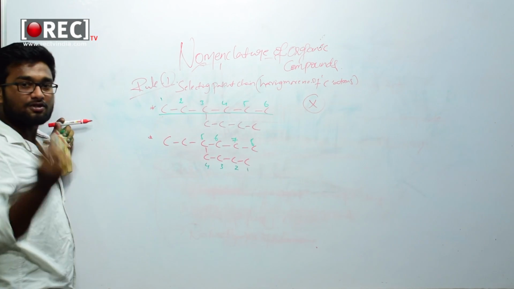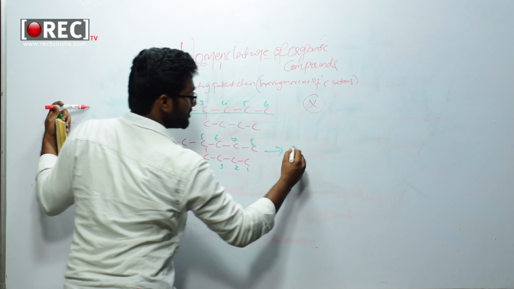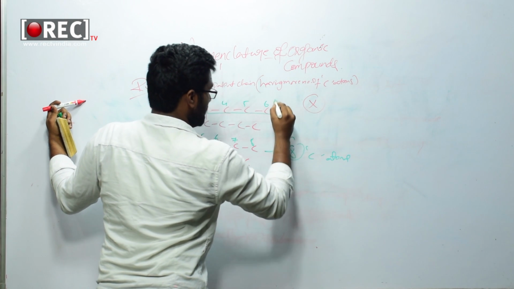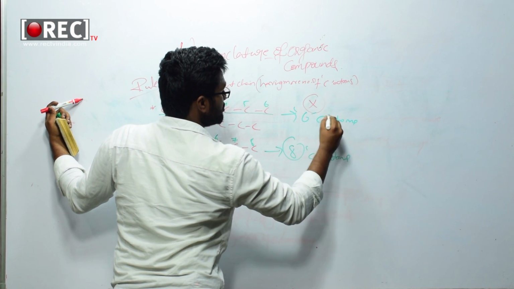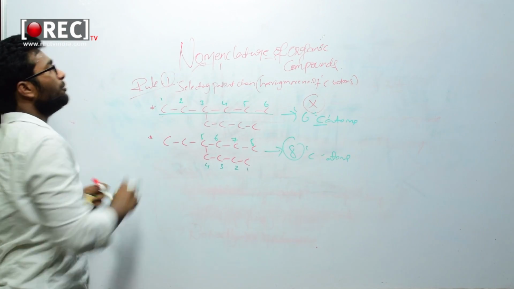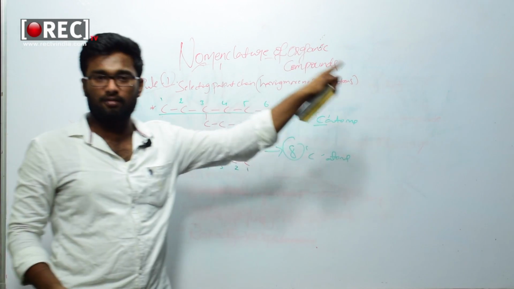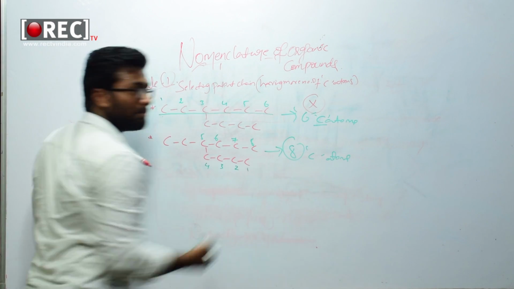While numbering in this fashion, I am getting 8 carbon atoms. In this, 6 carbon atoms. So according to our first rule of IUPAC nomenclature, the first rule is selecting the parent chain having more number of carbon atoms. Now this has 6 carbon atoms, this has 8 carbon atoms.